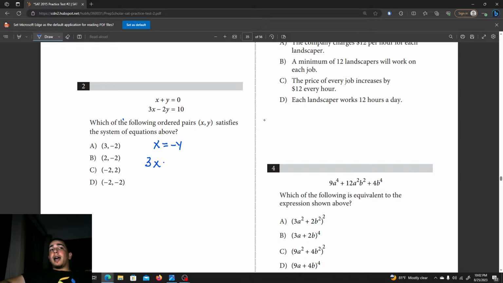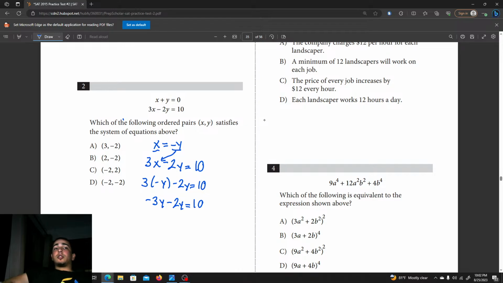We still have 3x minus 2y equals 10. Since x equals negative y, we're going to plug in negative y for x. This will give us 3 times negative y minus 2y equals 10. 3 times negative y is negative 3y, minus 2y equals 10.